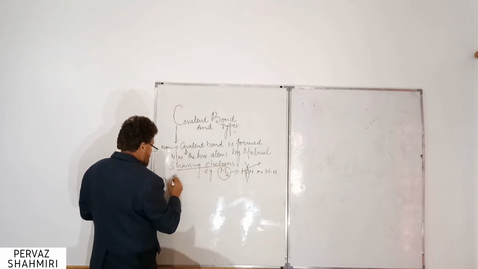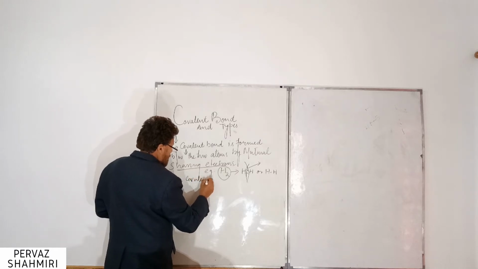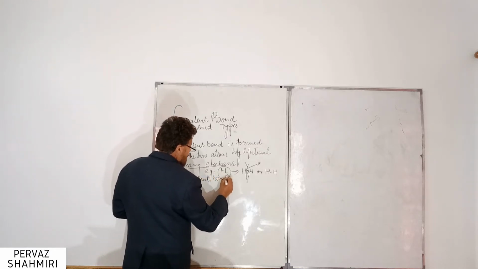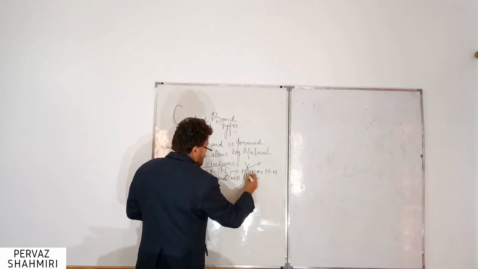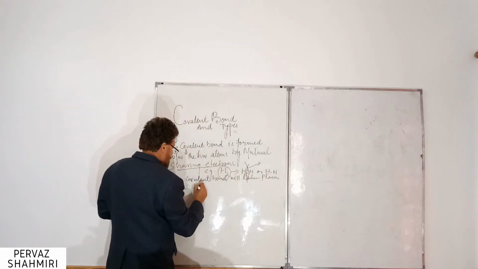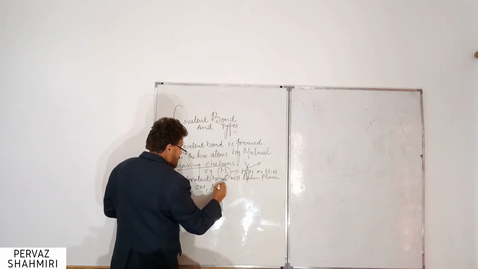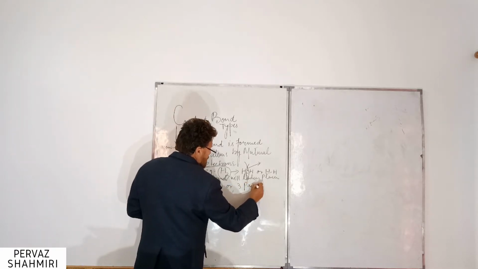Secondly, the covalent bond will take place in one, two, or three pairs of electrons.